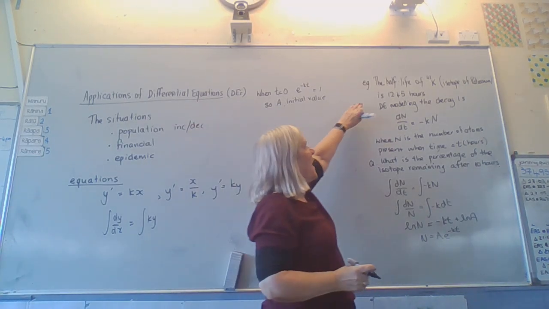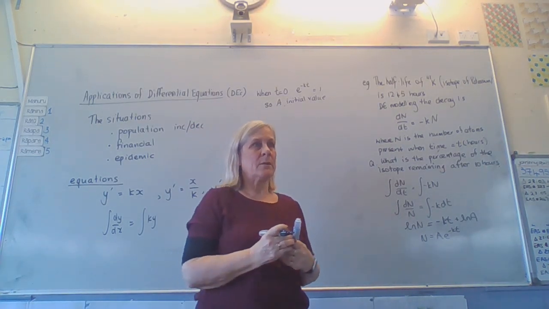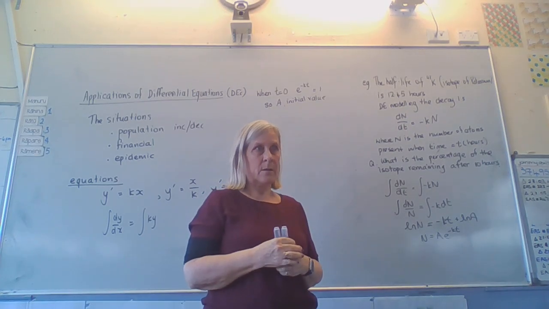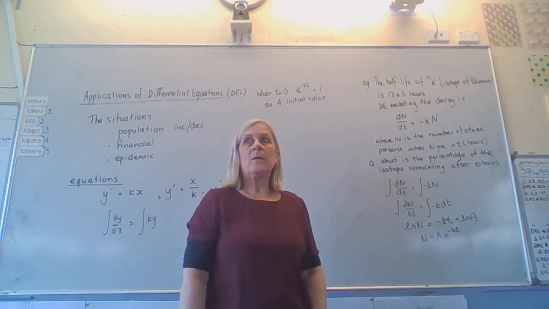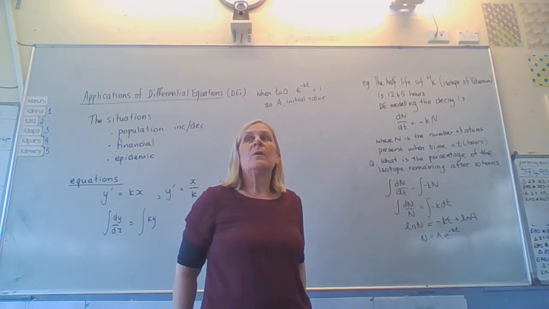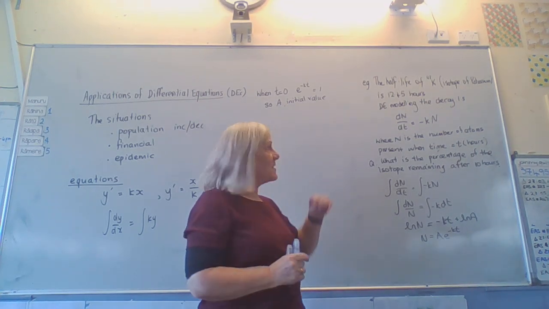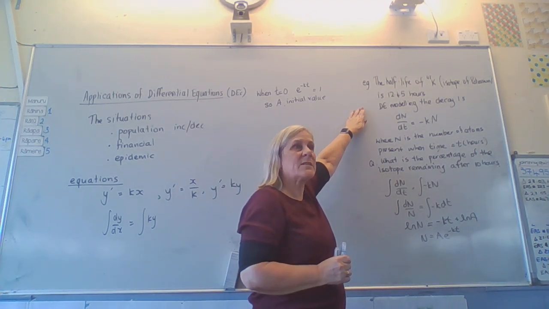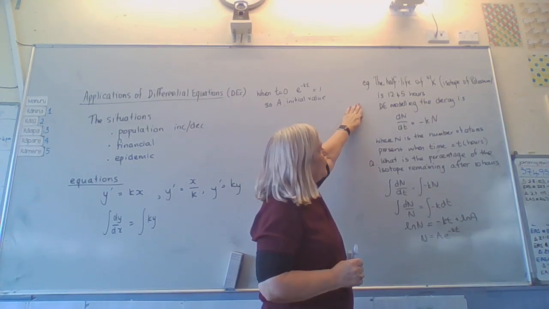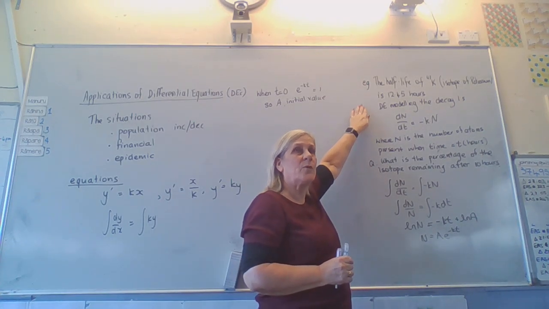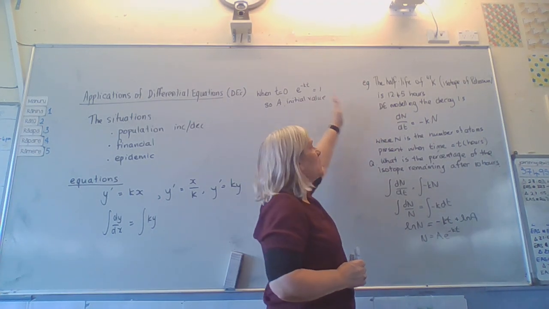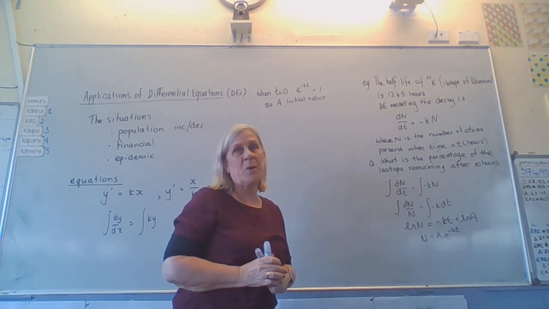So the half-life, what does that mean? Between like 100% and 50%. Yeah, so when 50% remains, we've got 12.45 hours. Okay, so we don't have an initial value at the moment.